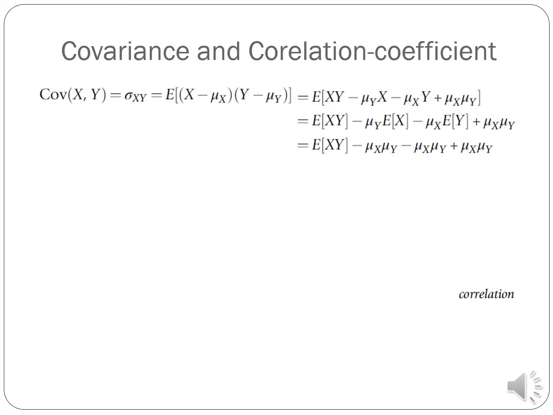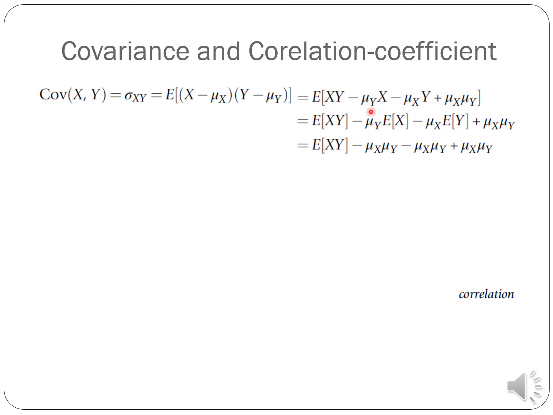When we are distributing, we can see that this expectation operator will only be active on the random variable x, y, but it will not be active on a constant like mu y. Here we can see that x is a random variable, but mu y is not a random variable, it is a constant.